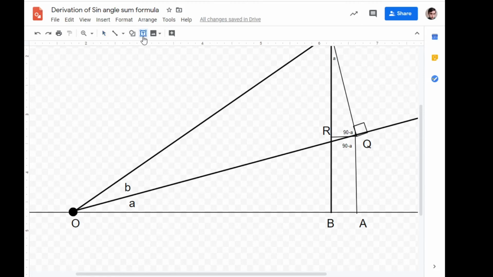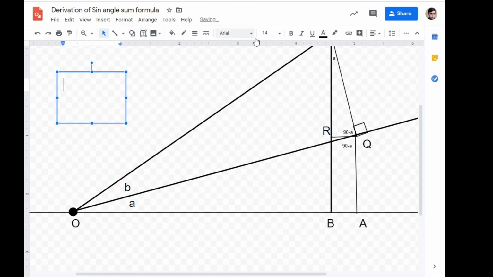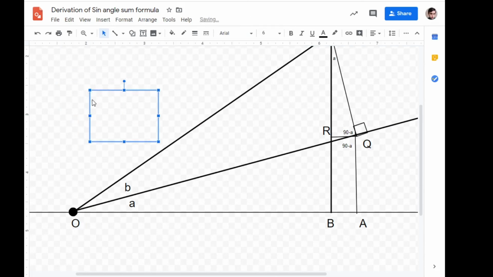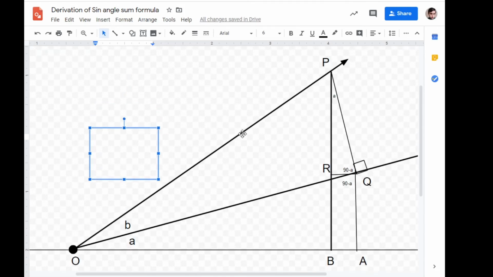Okay, so let me write down some things here. All right. So we know PQ equals sine of B. Okay. We know OQ equals cosine of B.